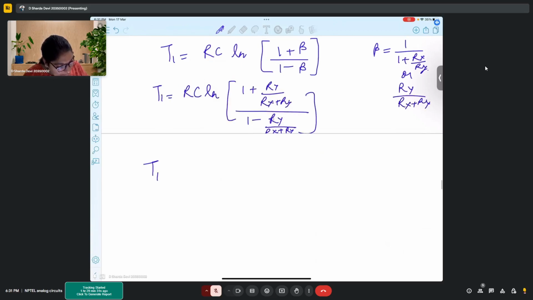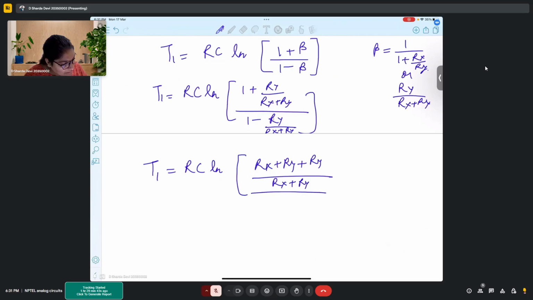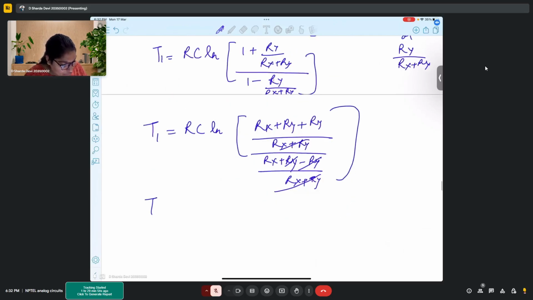So what I get is T1 is RC ln (Rx plus Ry plus Ry) upon Rx plus Ry, by (Rx plus Ry minus Ry) upon Rx plus Ry. These cancel. So T1 becomes RC ln (Rx plus 2Ry) by Rx.